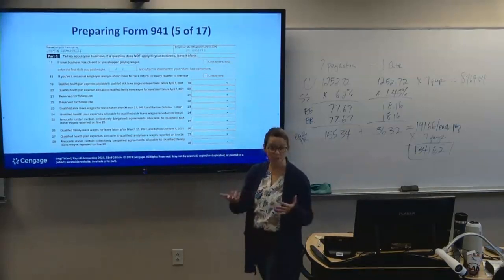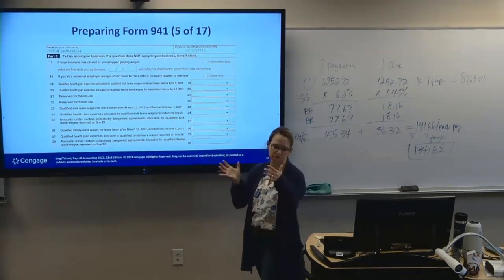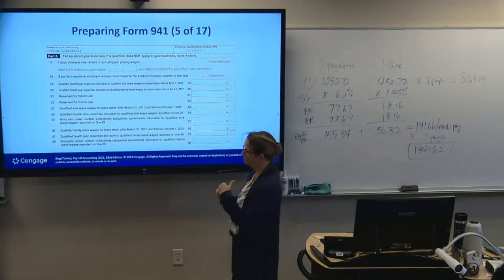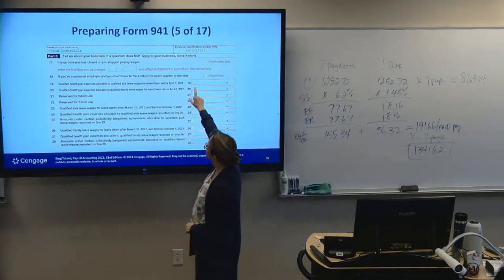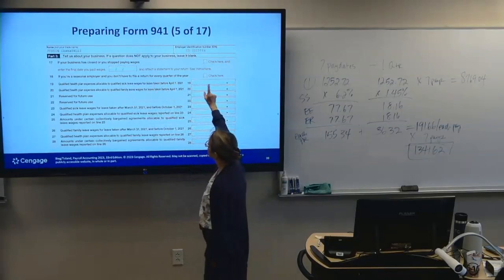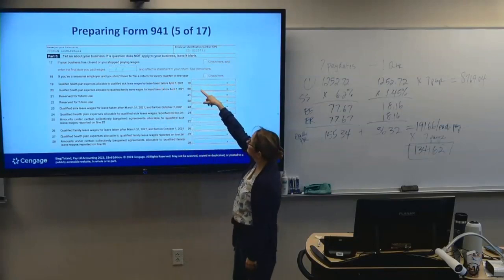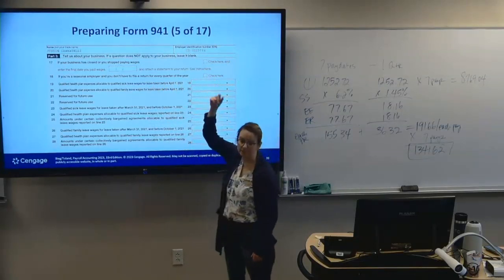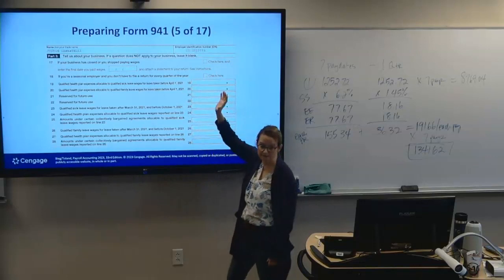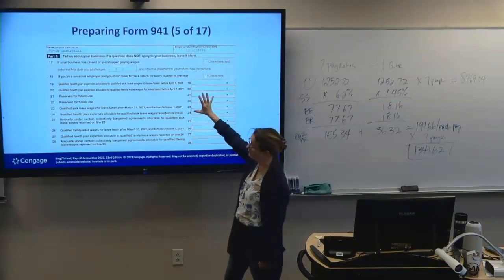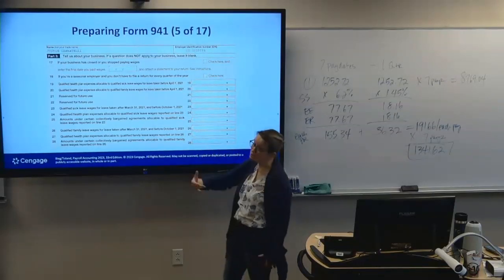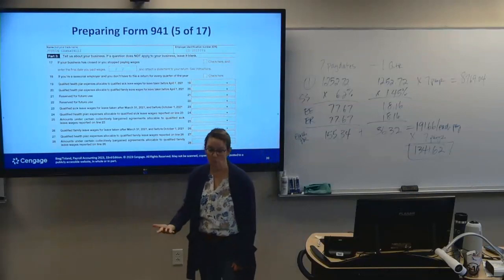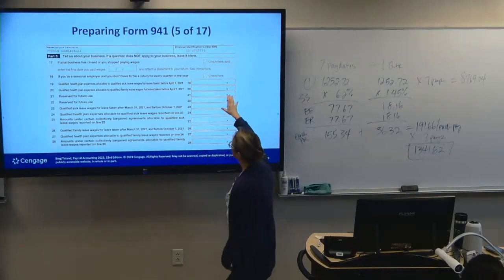If we're a seasonal employer, we might not be paying wages during certain times of the year. Although this is the final date you paid wages. If you're a seasonal employer, you don't have to file a return for every quarter. You check here. Again, this is telling the IRS, don't expect to get one of these every single quarter from us. Otherwise, they do expect to get a 941.